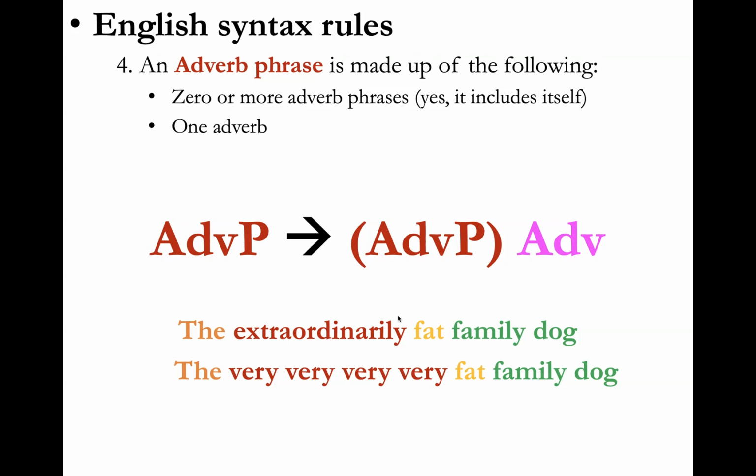That's totally grammatical in English. I might have made this last "very" pink to make it even clearer, but I didn't. But you can still see here this all together is an adverb phrase, and also "very" would constitute an adverb phrase, because you can have one or more of them, or zero or more of them, excuse me, and then you have the last one here in the end.